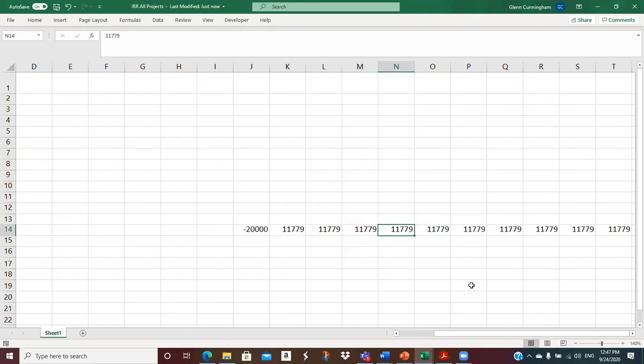I think what you're supposed to do is run this out for the lifetime of the project. So say we're running 1, 2, 3, 4, 5, 6, 7, 8, 9, 10. So we're saying that this thing is going to for sure last 10 years. Every year it's going to save $11,779, and the initial cost is $20,000.